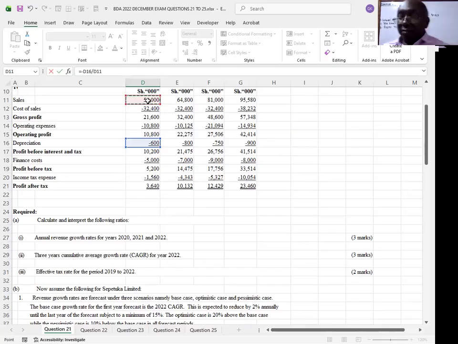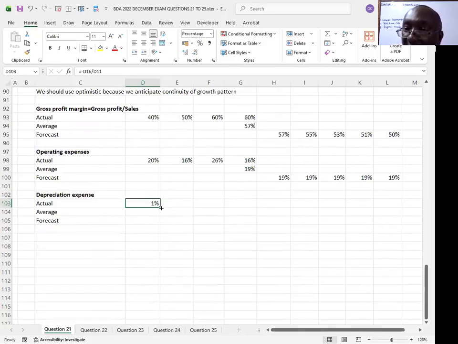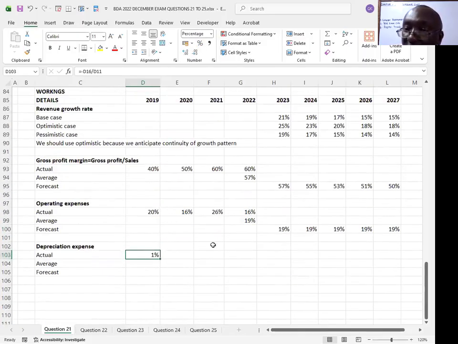Press enter. Niambie the answer. Good. I can see when we convert it to percent, inakuja 1%. So tukibie nayo mpaka hapa kwa 2022.